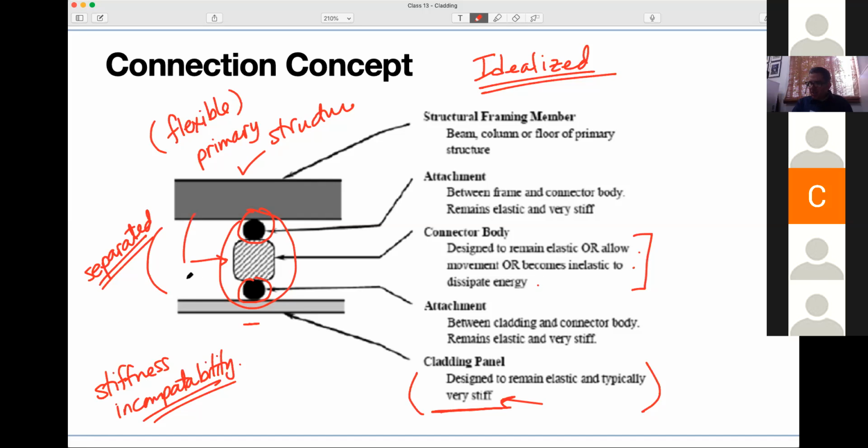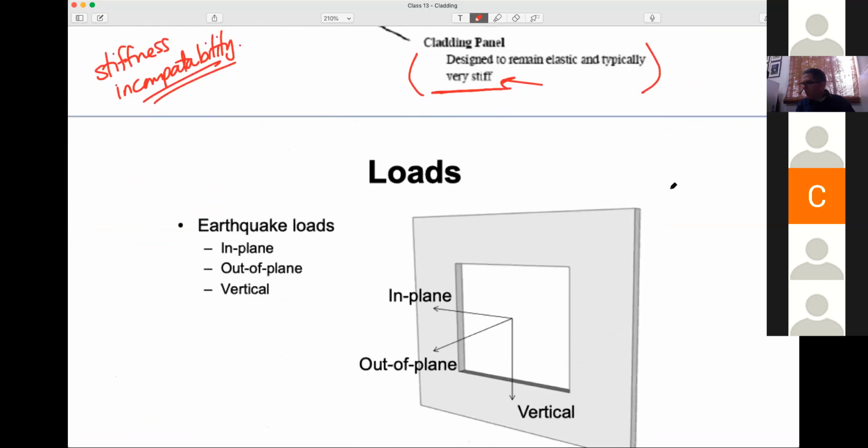But we don't want these two talking to each other. They want to stay separate. They're talking to each other through connection points, but we're trying to not have them talk to each other when we end up with seismic response. If there was no seismic or wind, this would be a much easier topic to deal with.